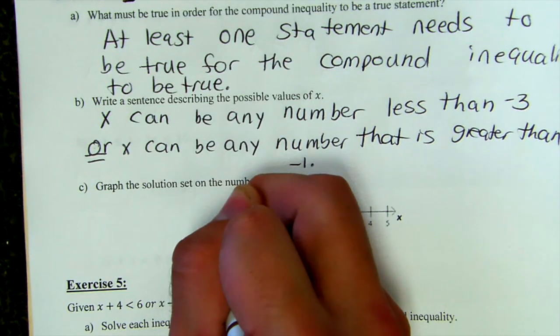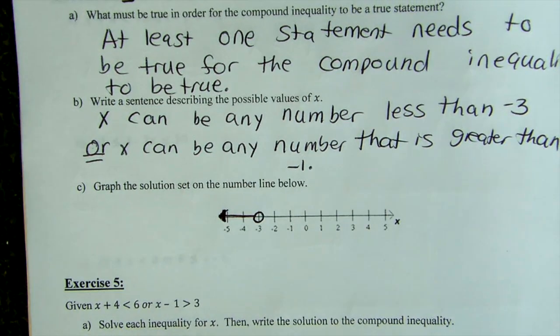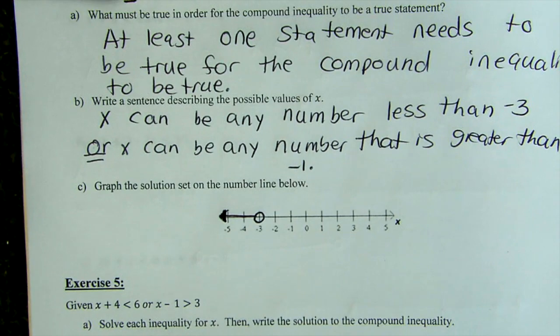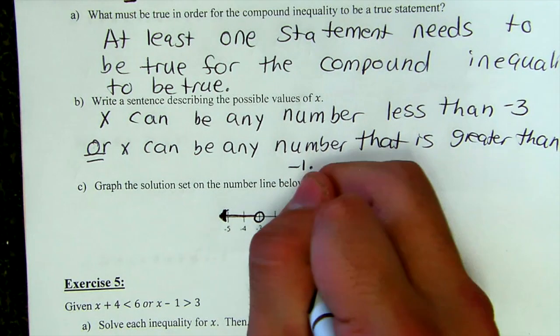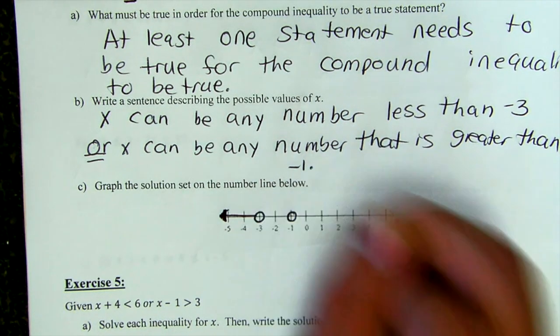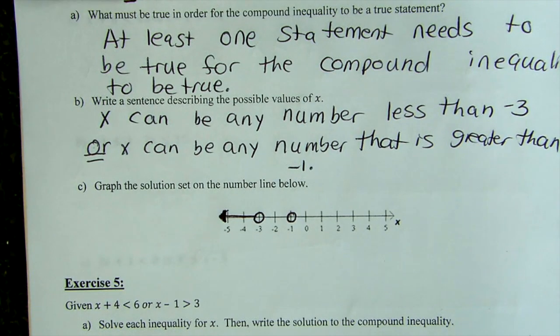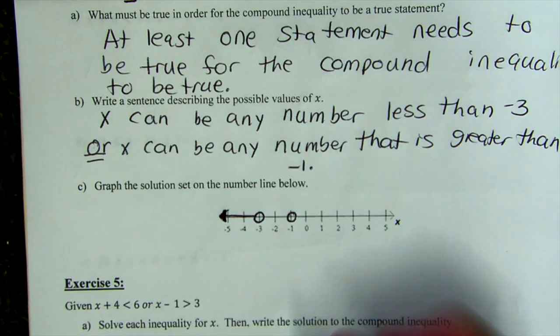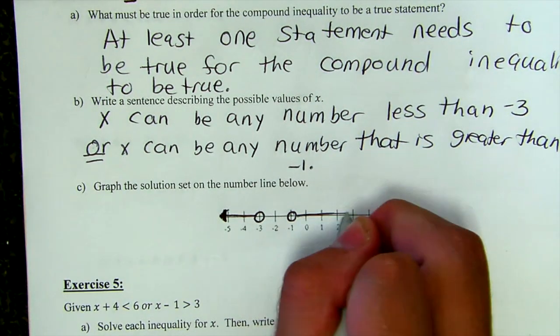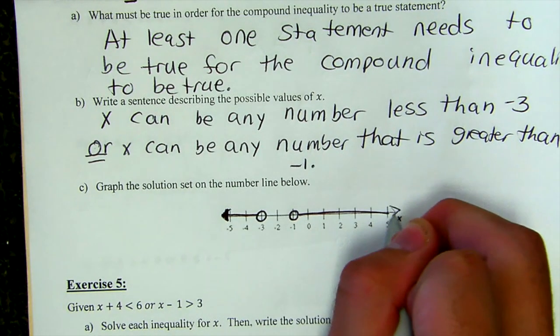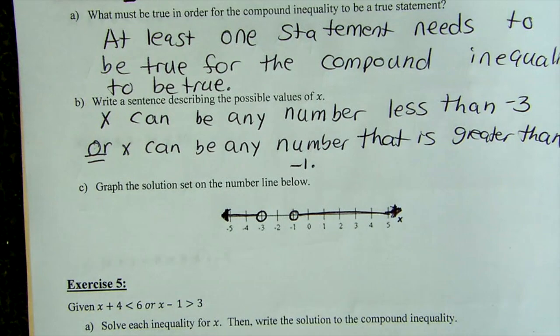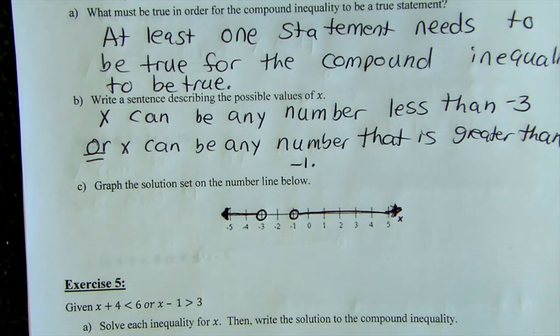So we're shading to the left. And now let's deal with the other one. x is greater than -1. So at -1, again, we're going to have an open circle. And then if x is greater than -1, we're going to go to the right. So we would shade to the right. And then there's our whole exercise.